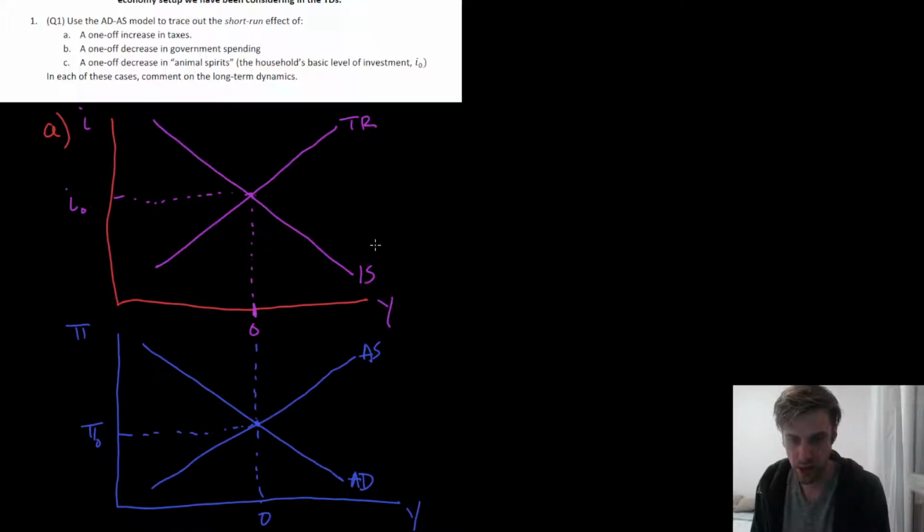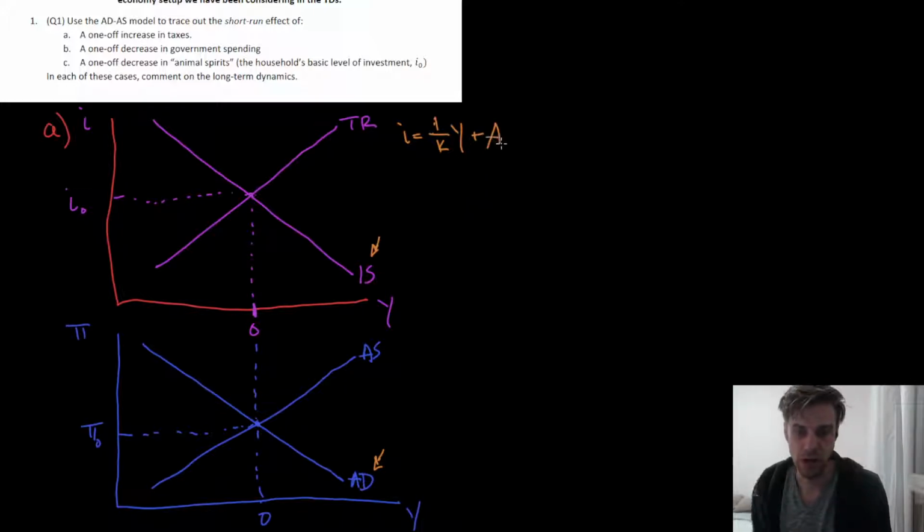So taxes appear in the IS curve and the AD curve, because these are the same thing, right? Very close to the same thing. And the IS curve is i equals some function of y. It's like some parameter, called 1 over k, times y, plus an intercept term, what was called big A. And then we need to remember what goes where.